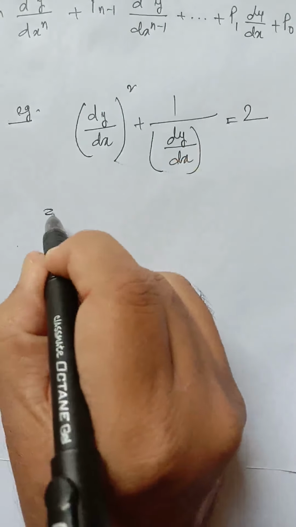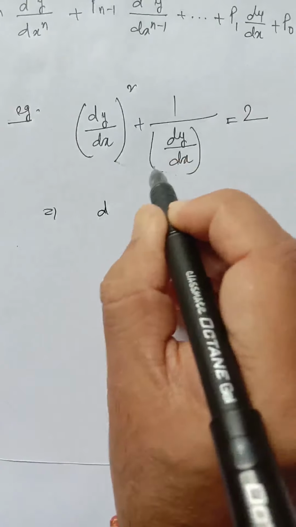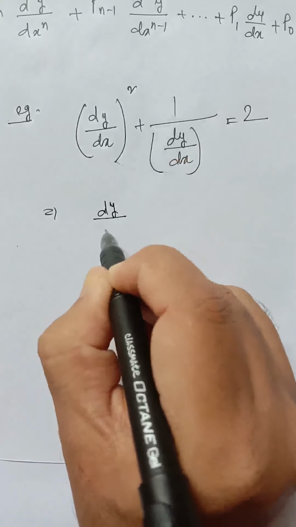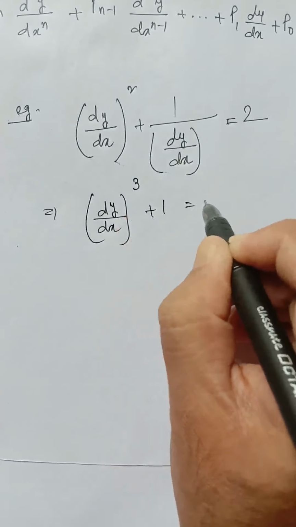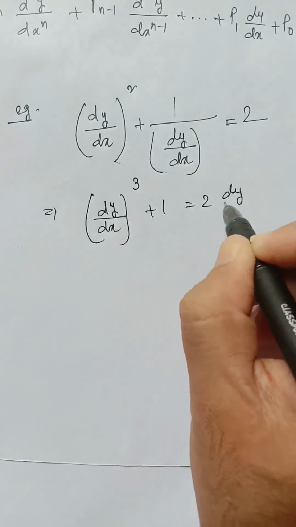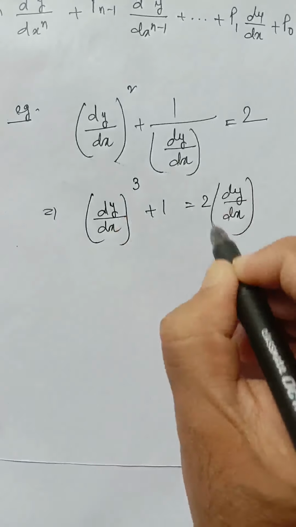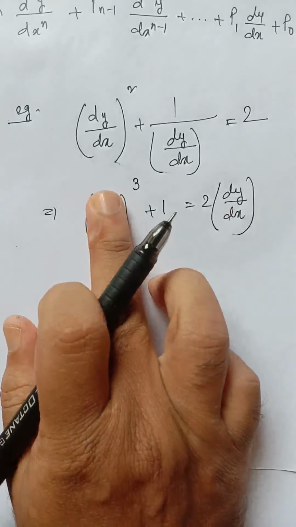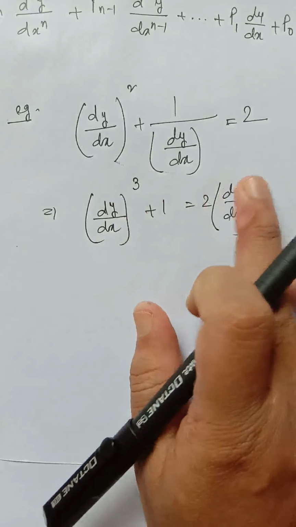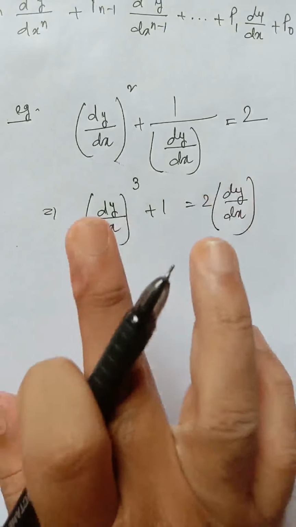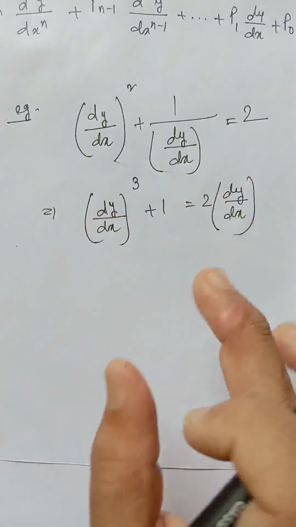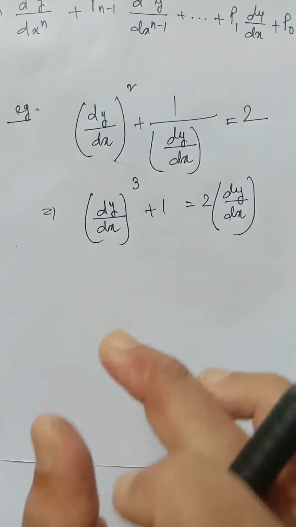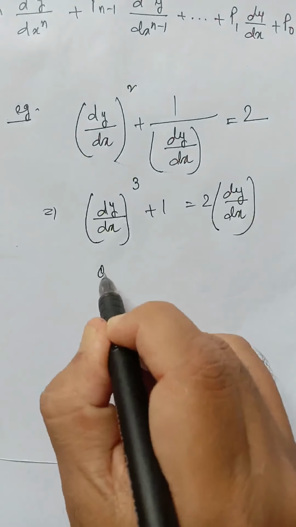So first of all, we will take LCM. LCM will be dy by dx, and if we cross multiply, you will get dy by dx whole cube plus 1 equal to 2 dy by dx. Now you see that power of dy by dx is 3, power of dy by dx is 1. So power of all the differential coefficients are now non-negative integers, and now we can write the order.